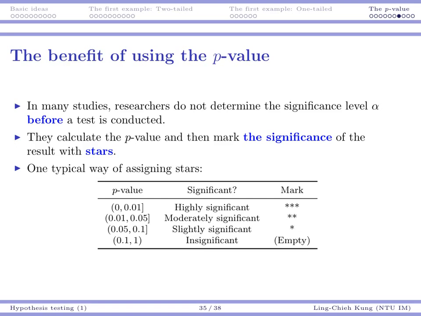In that case, we give 3 stars to that particular result. If p-value is between 1 and 5%, we say it's moderately significant and give it 2 stars. If it's between 5% and 10%, we say it's slightly significant and give it 1 star. Otherwise, we give it no star.